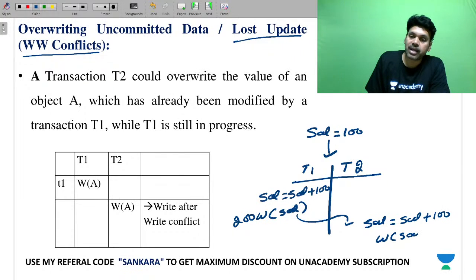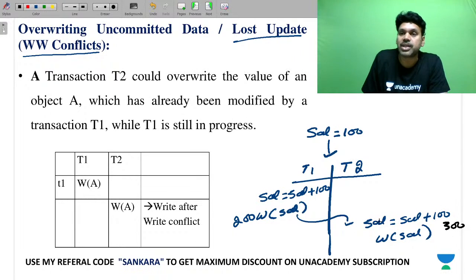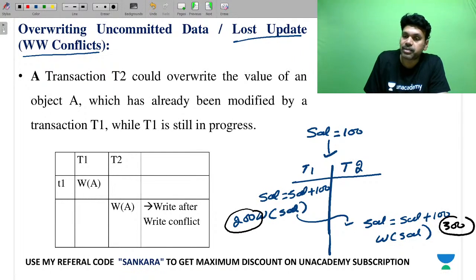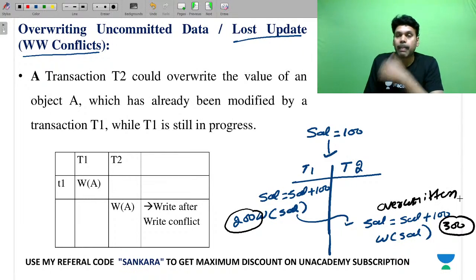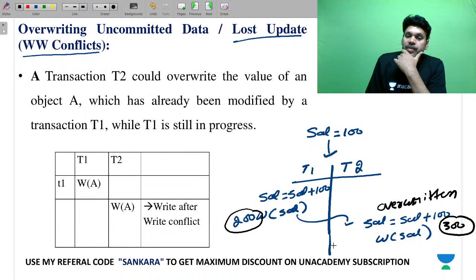Then write of sal, then the salary value reached 300. So what is happening? This 200 is overwritten.